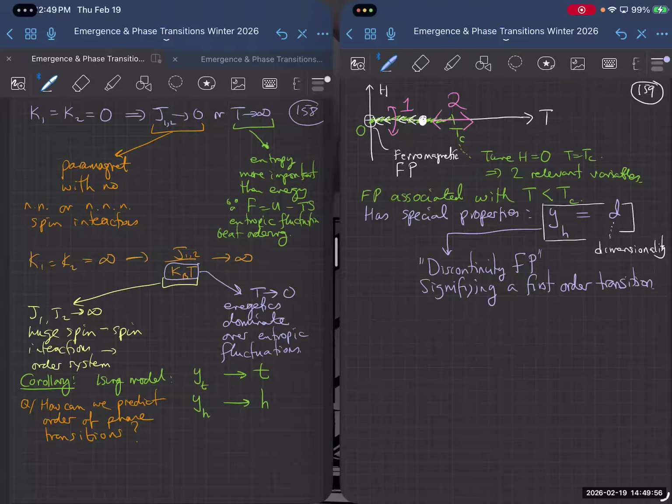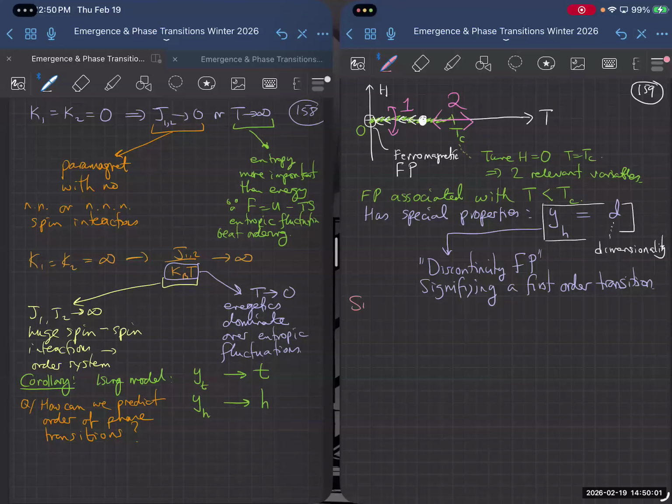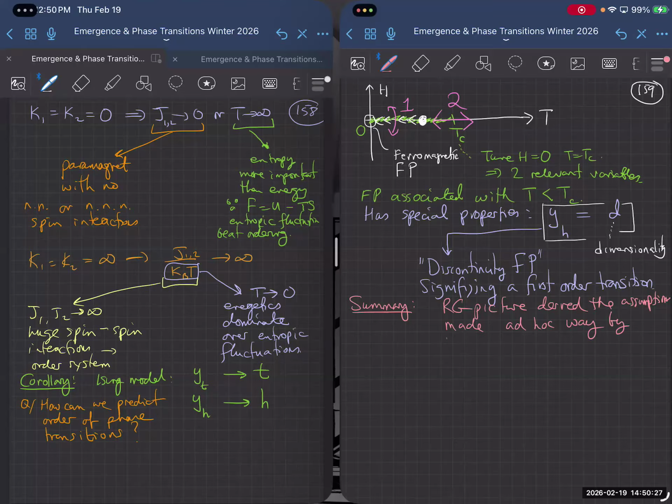Okay, so now I want to just summarize what I've just told you. So basically, the bottom line here is that the renormalization group picture derives the assumptions made in an ad hoc way by Kadanoff, but it does more than that.